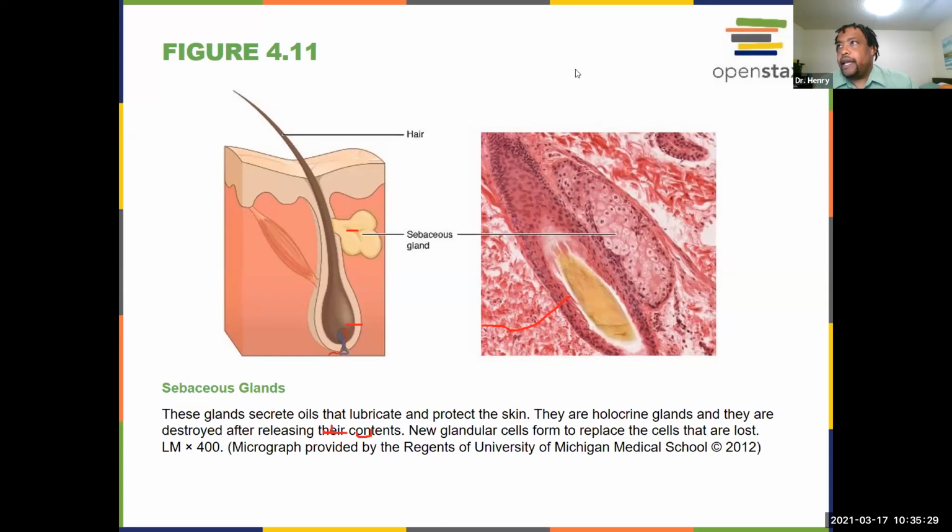That often will overproduce when we're going through puberty and our hair is really starting to come in. And so you can see their location compared to the hair follicle.